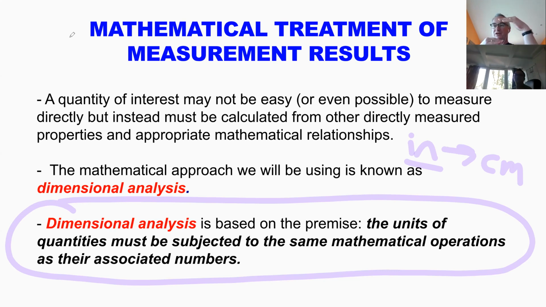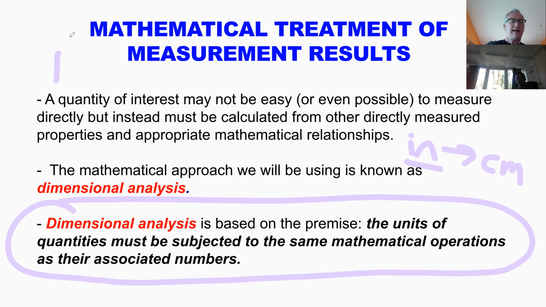So I'm changing the unit, and that means I have to change the number associated with that unit by the same thing. And remember, I don't ever want to see you dividing things. I want you to multiply.